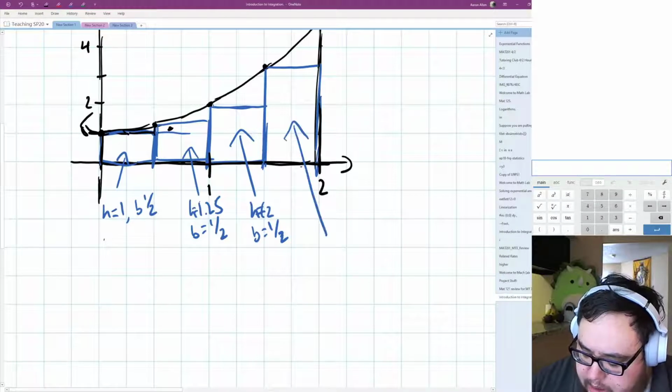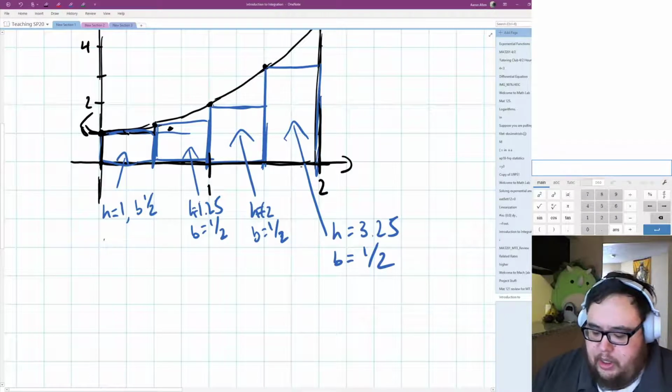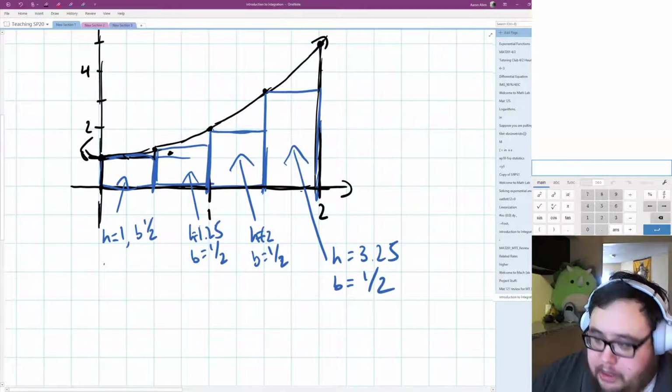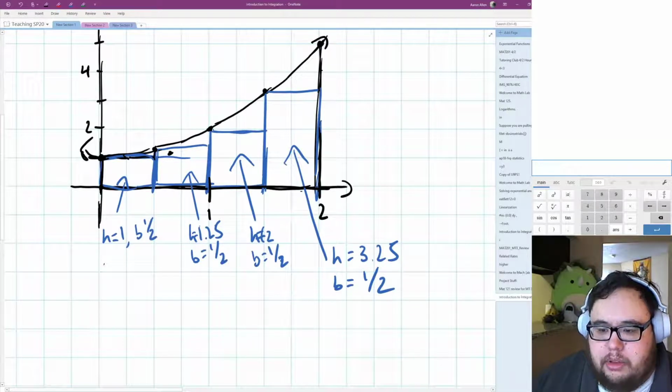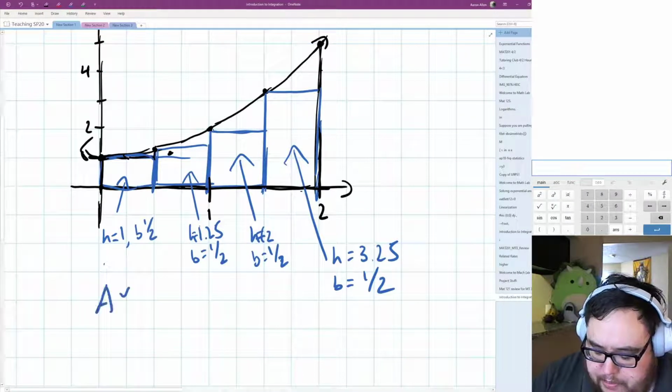And the fourth rectangle here has a height of 3.25 and a base of 1/2. Okay. So by taking our rectangles here and adding them all up, we can come up with an estimate. And our estimate for this area ends up being 3.75.